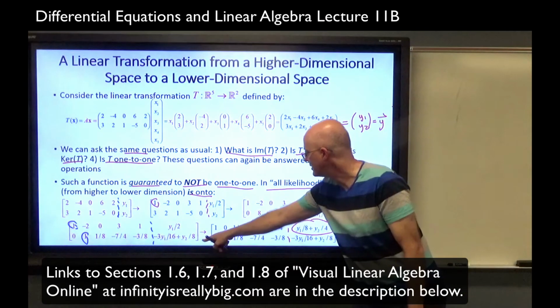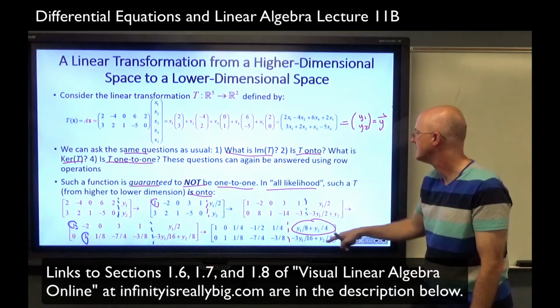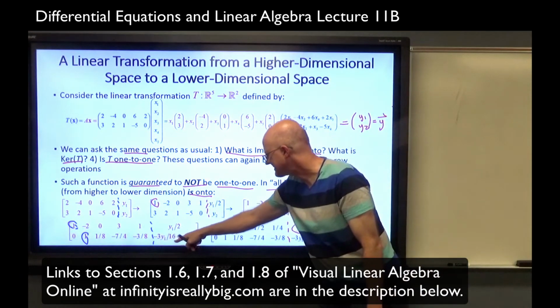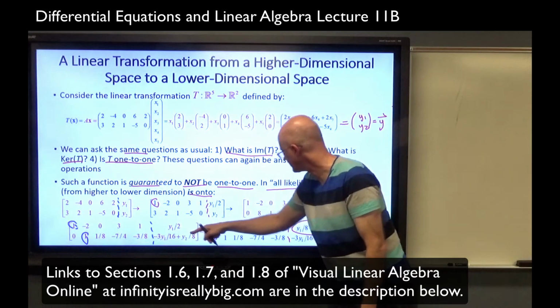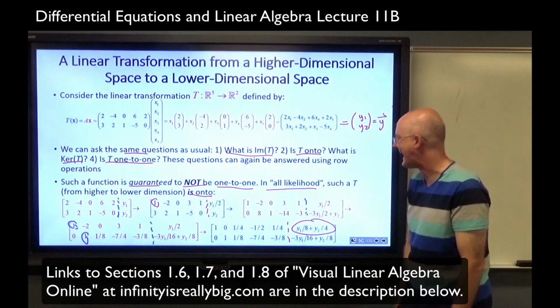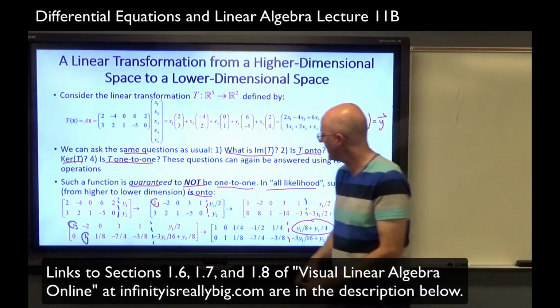Multiply this by 2 and add it. For example, you'll get y2 over 4, which we do, and negative 3/8 plus y1, negative 3 y1 over 8 plus y1 over 2 does simplify to y1 over 8. Okay? All right, that is now in reduced row echelon form.